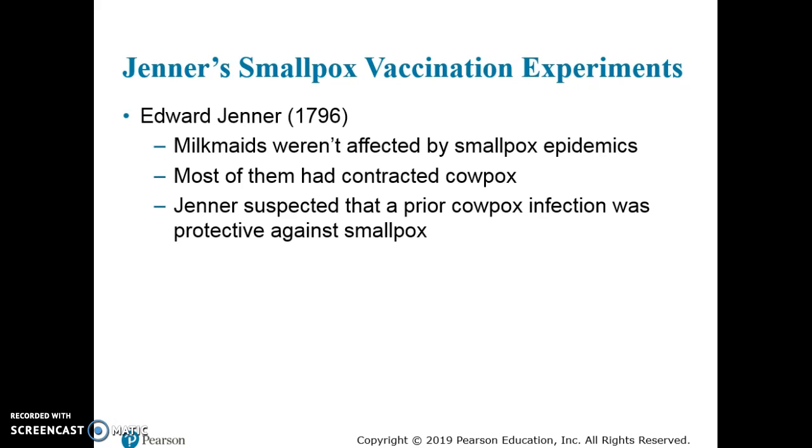And the cows weren't affected by it. They might have the little pox or what would end up being kind of like warts, but it was more like scar tissue because of the viral infection.